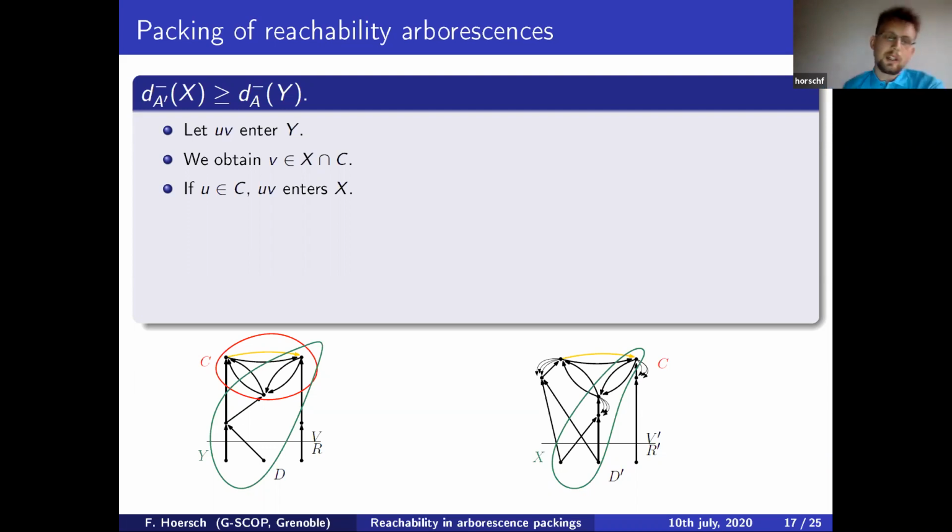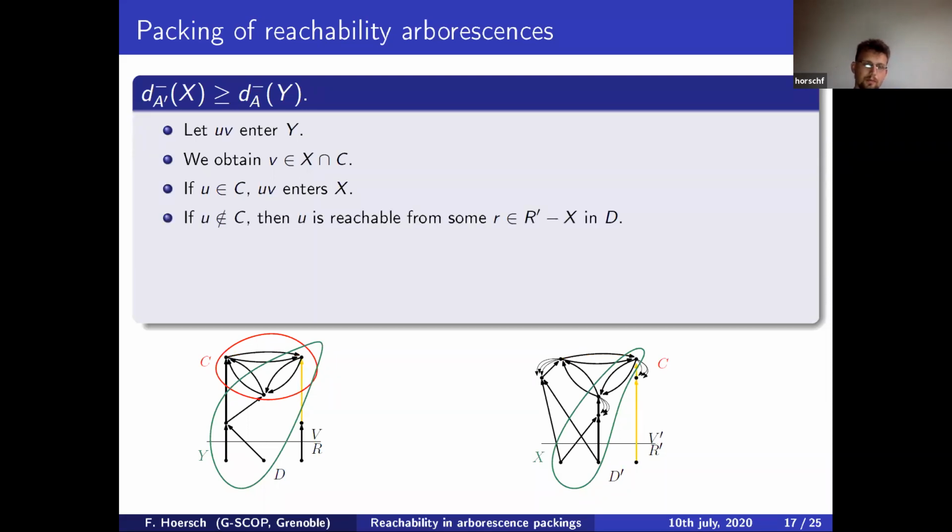So maybe the more interesting case, what happens if u is not in C? What does that tell me? This tells me u is reachable from some vertex in R prime minus X, because that is the definition of the set U I defined before.